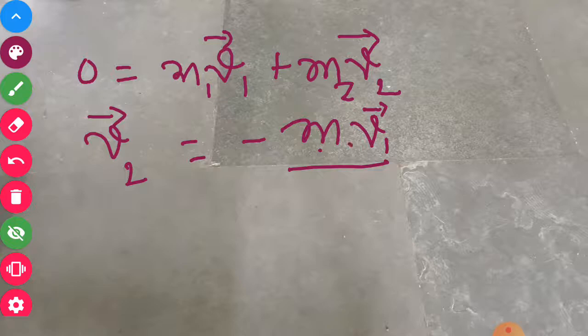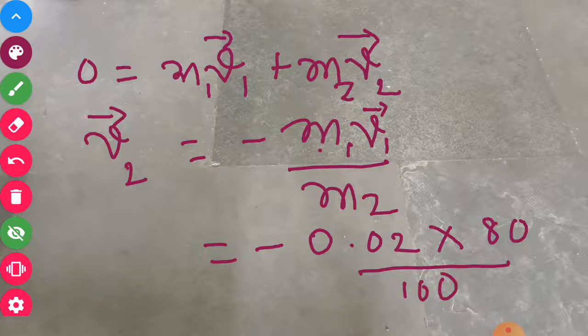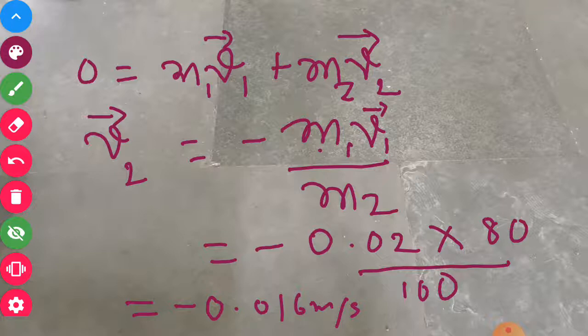So it becomes m1v1 upon m2, and you can place the values here: minus, say, 0.02 kg is the mass of the bullet, and 80 meter per second is the speed, and the mass of the gun is 100. Simplify, v2 will be minus 0.016 meter per second. The minus sign shows that the gun moves in the opposite direction of the bullet. Thank you.